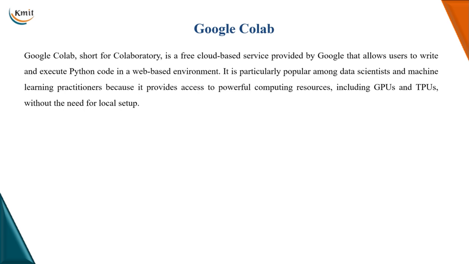Next, when I talk about Google Colab, Google Colab is short for Colaboratory. This is a free cloud-based service provided by Google that allows programmers to write and execute Python code in a web-based environment. This is particularly important and widely used among data scientists and machine learning engineers because it provides access to powerful computing resources including GPUs and TPUs.